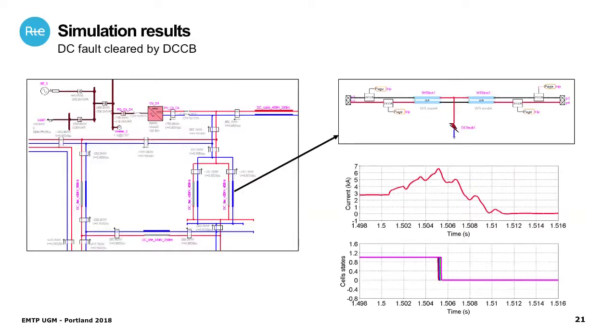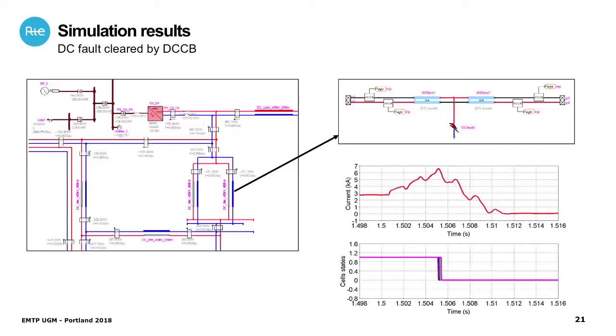So this is some waveform we got so far. And this is the current inside this DC circuit breaker. You have the time required to detect the fault. We don't have any protection algorithm implemented in the DC grid.